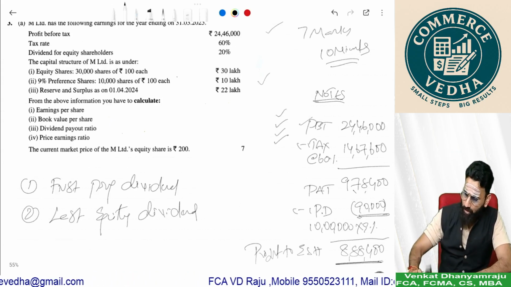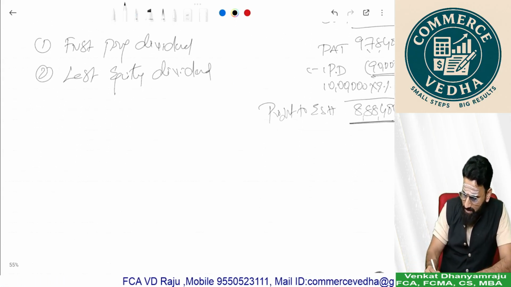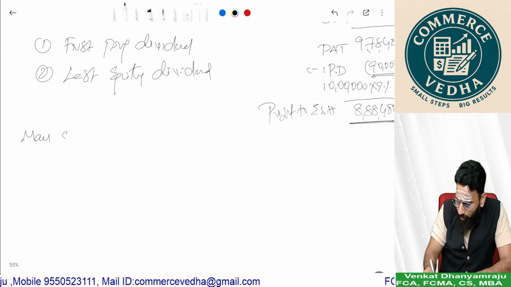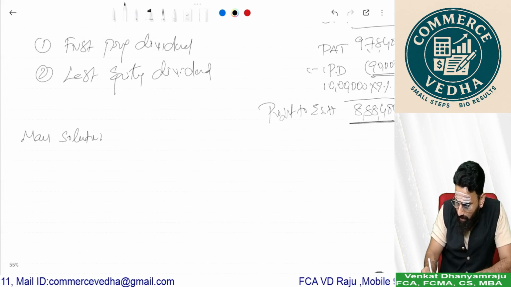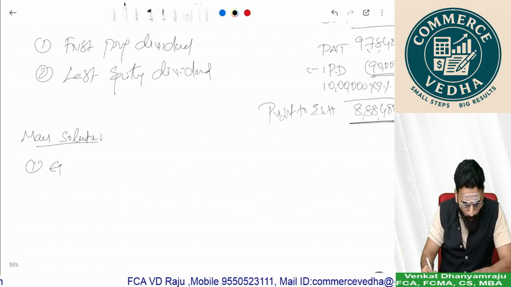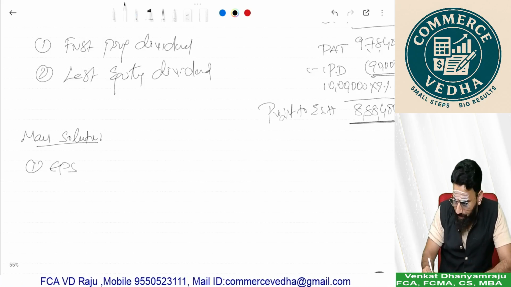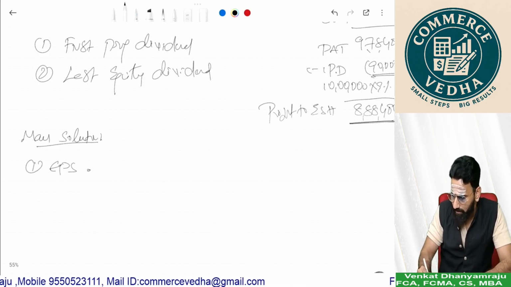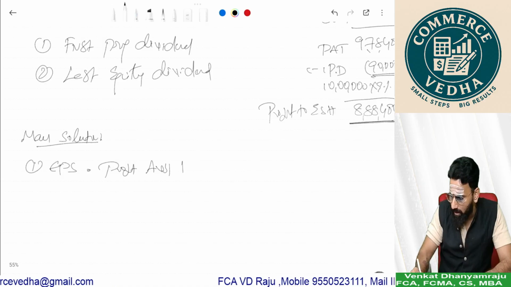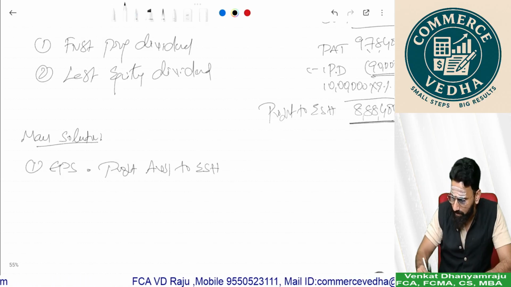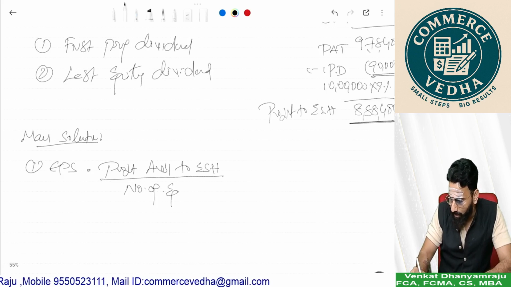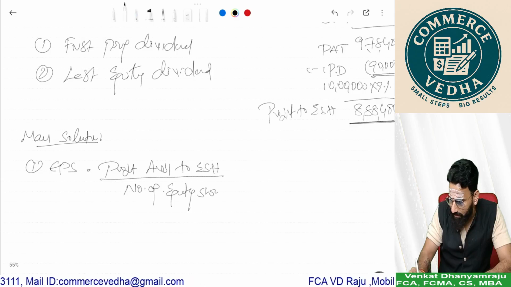Now what we should do here is the first answer. This is my main answer, main solution. Point number 1 is EPS, earnings per share. The formula is profit available to equity shareholders divided by number of equity shares.